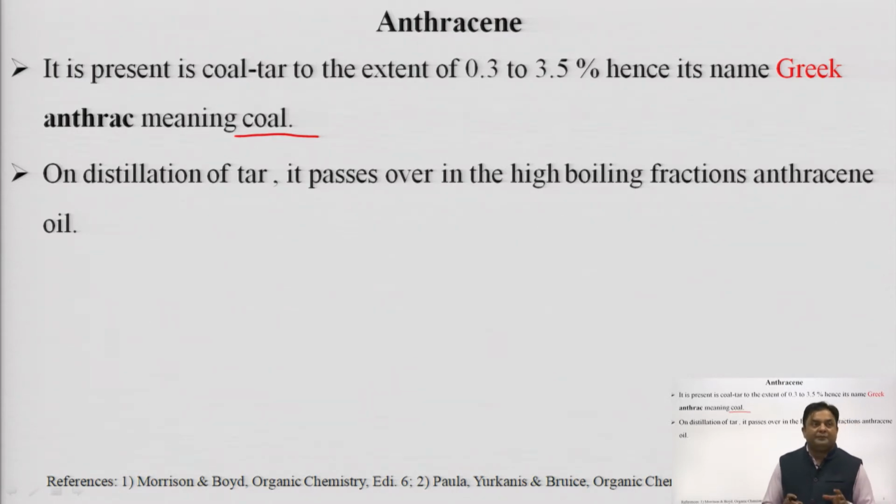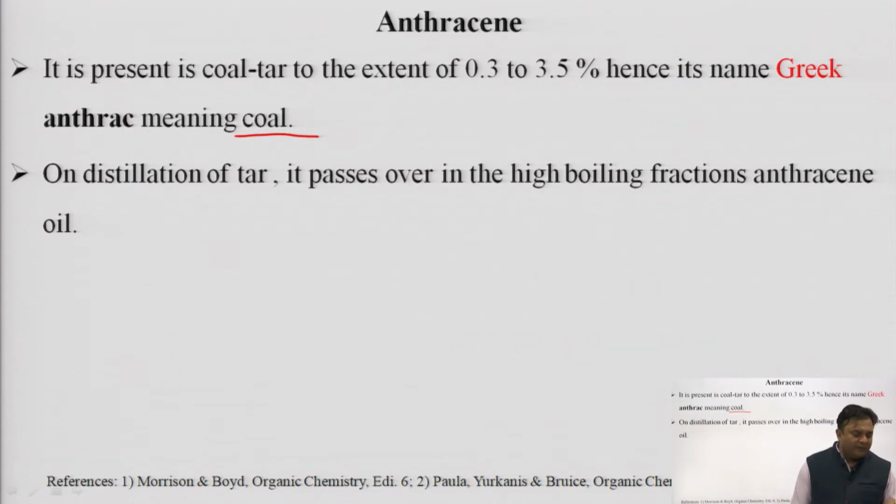On distillation of coal tar there are many fractions based on the temperature of the distillation process. In the green oil fraction, anthracene along with phenanthrene and other similar products will be there, from which it can be isolated very easily, and it is present 0.3 to 3.5% in the coal tar.